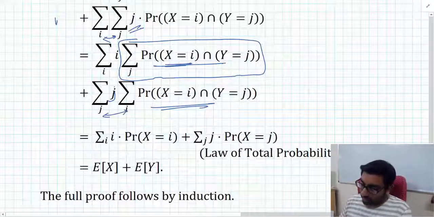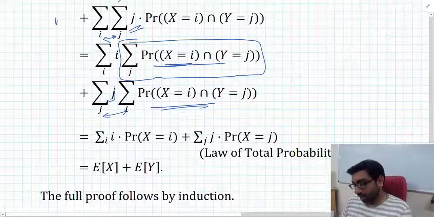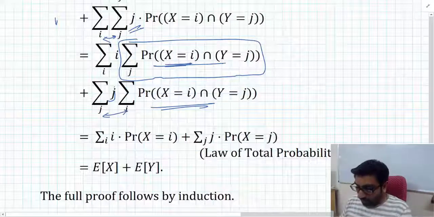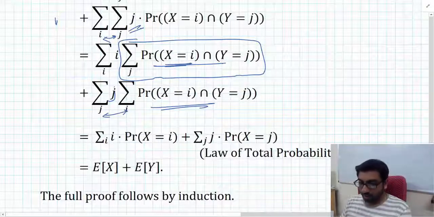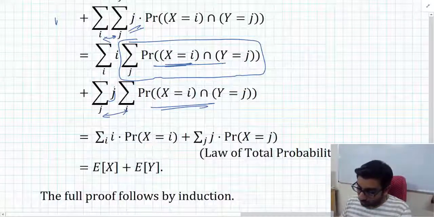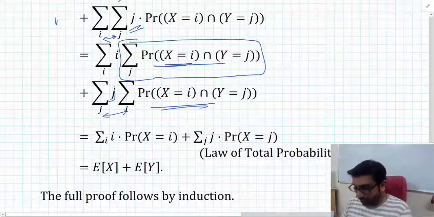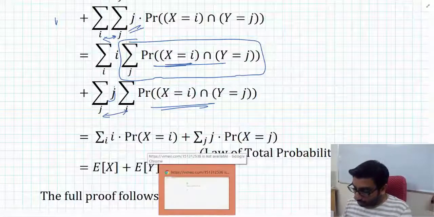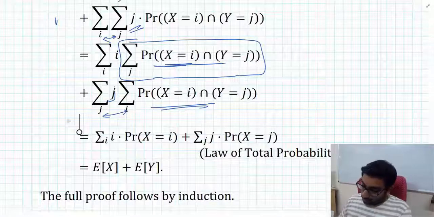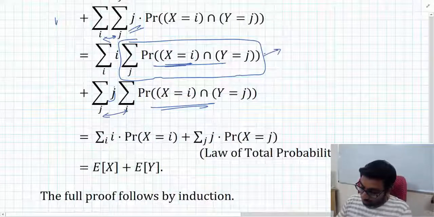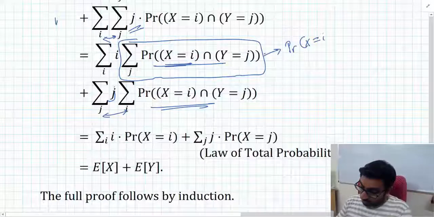And this event x equal to i is intersected with the events y equal to j for various values of j. And y equal to j for various values of j are all disjoint because y can only take one of them at any time. And so we can apply the law of total probability. And if we apply the law of total probability, this whole term simply becomes the probability of x equal to i.